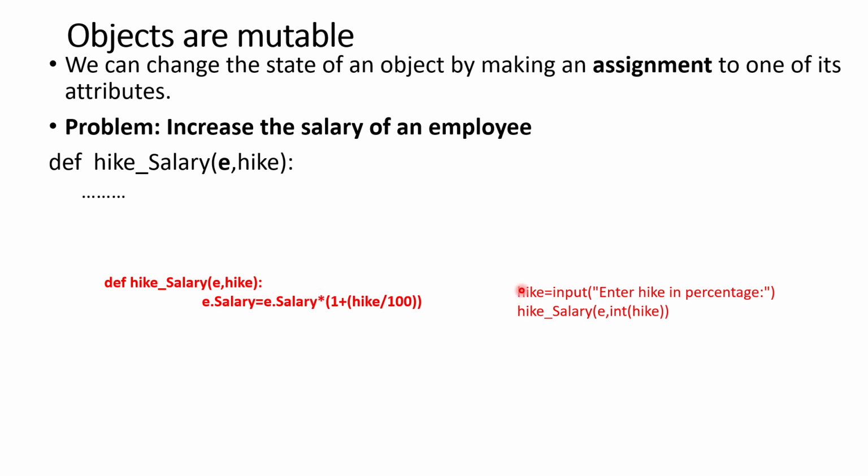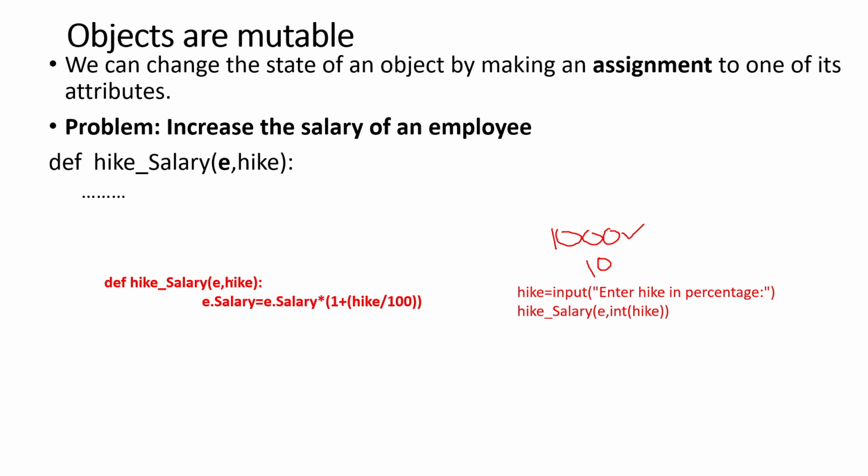Suppose before calling this function the salary value is, say, 1000 rupees, and I'm going to give a 10% hike. The hike value is 10%, and the old salary is 1000 rupees.